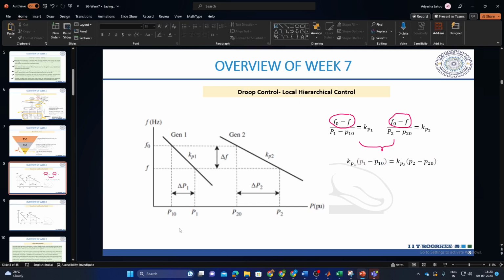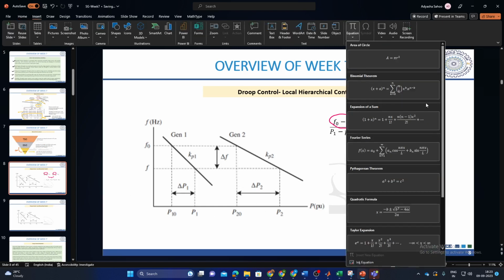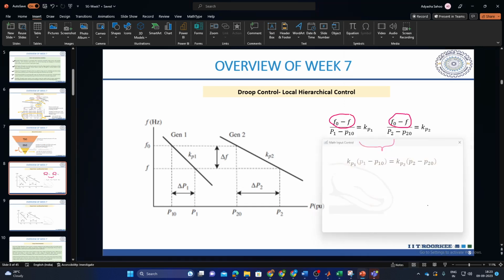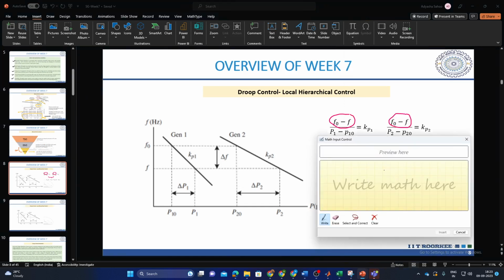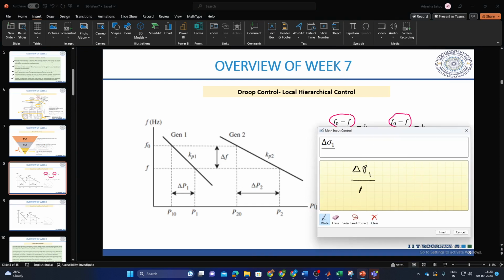So if we write this as delta P1 and delta P2, what we'll get here is delta P1 by delta P2. I'll erase it.